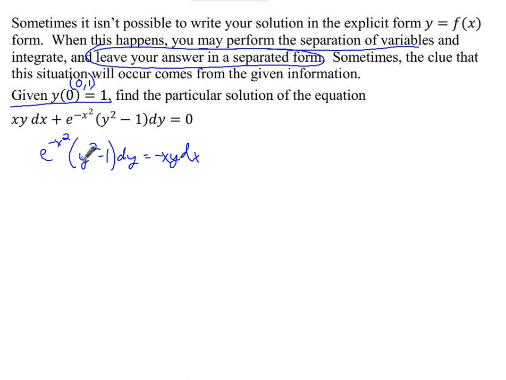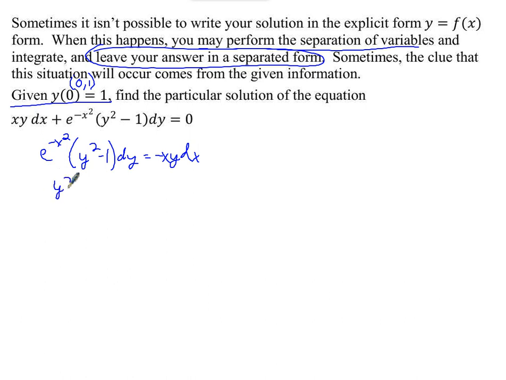But also, the e to the negative x squared. Divide both sides by e to the negative x squared. So we have what?